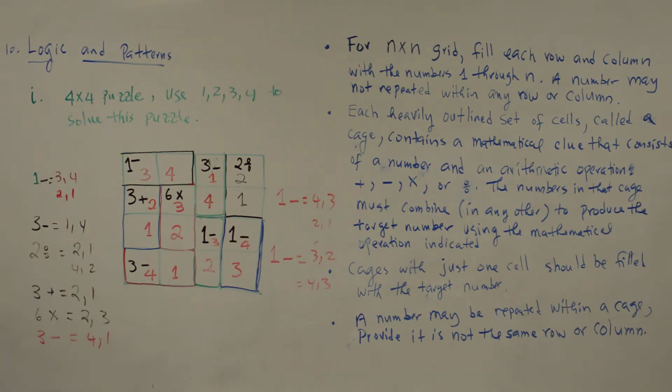Any questions here? So this is a 4 by 4 puzzle to solve using the indicated operations plus, minus, multiply, and divide. Thank you. Okay, let's move on to the next puzzle. I have to draw the puzzle again.